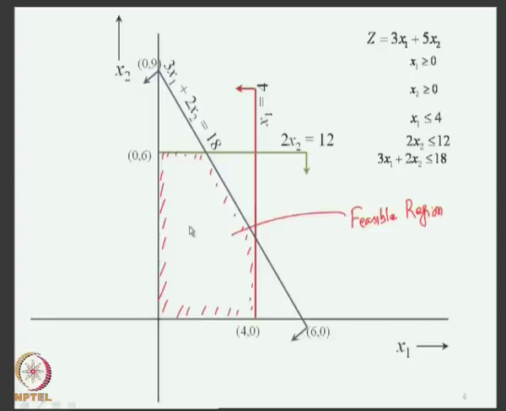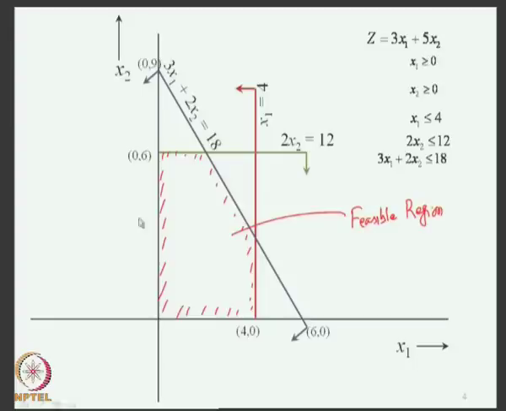From among these infinite number of points, we want that particular point or that particular solution which in fact maximizes our objective function, which is z = 3x1 + 5x2. So, is it at this point, this point, this point, etc.? Virtually infinite number of solutions exist, and out of those infinite number of points, we want to choose one point which maximizes 3x1 + 5x2.